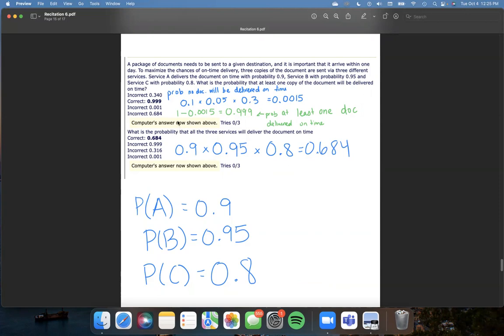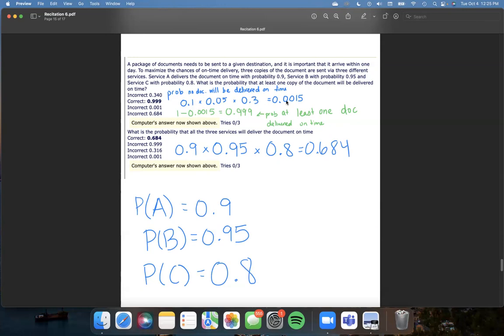So here I'm going to do essentially 1 minus the complement. So the complement of at least 1 copy of the document being delivered on time is that no document will be delivered on time. So the probability that no document will be delivered on time is 0.1, which is 1 minus 0.9, times 0.05, which I got by doing 1 minus 0.95, and then times 0.2, which I got by doing 1 minus 0.8.